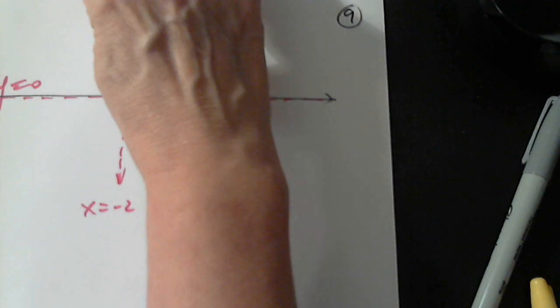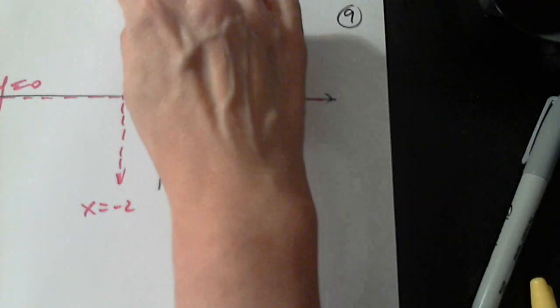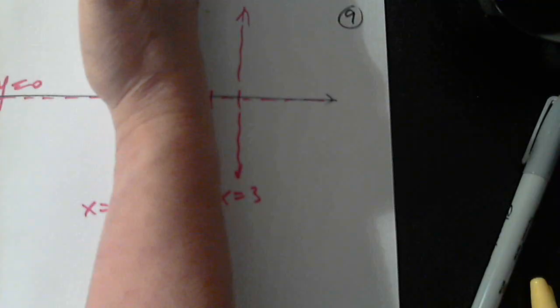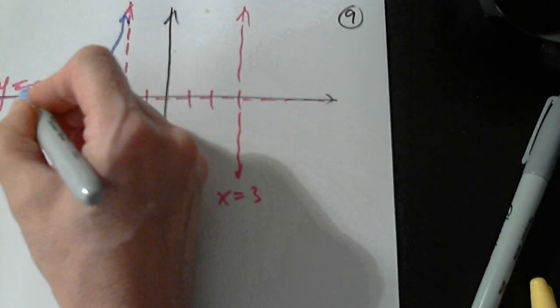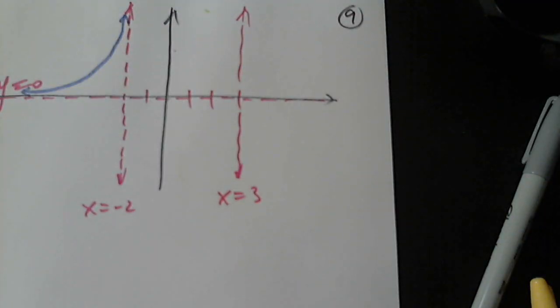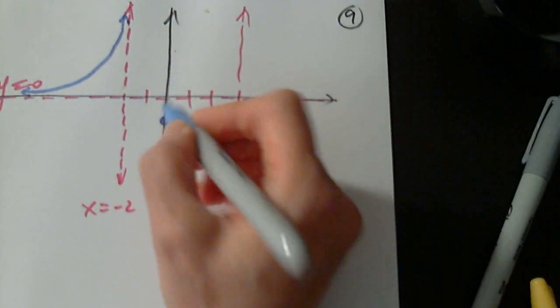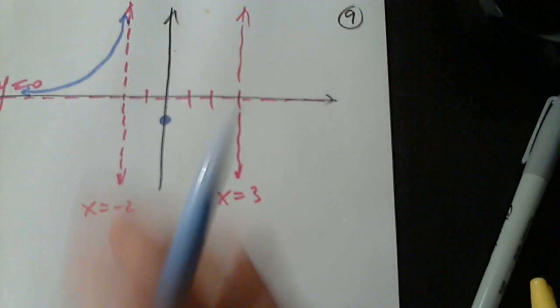From 0 goes to positive infinity on the left-hand side of the first asymptote. Piece of cake. Asymptotically. Closer and closer. From negative infinity, crosses at 0, negative 1, goes back to negative infinity.